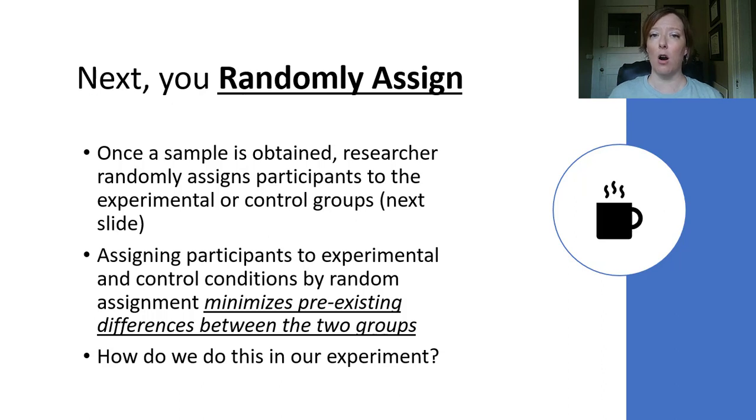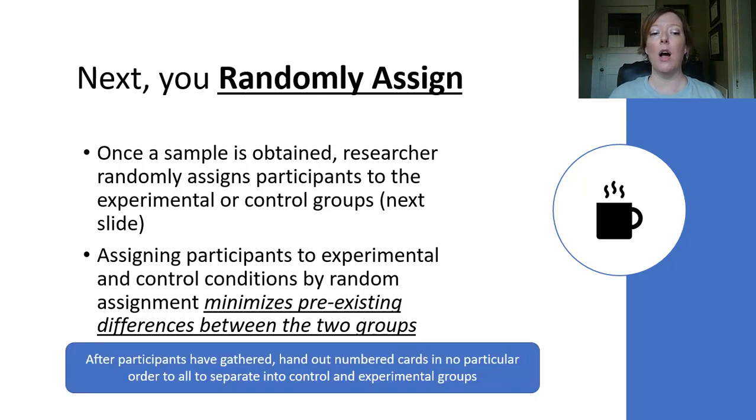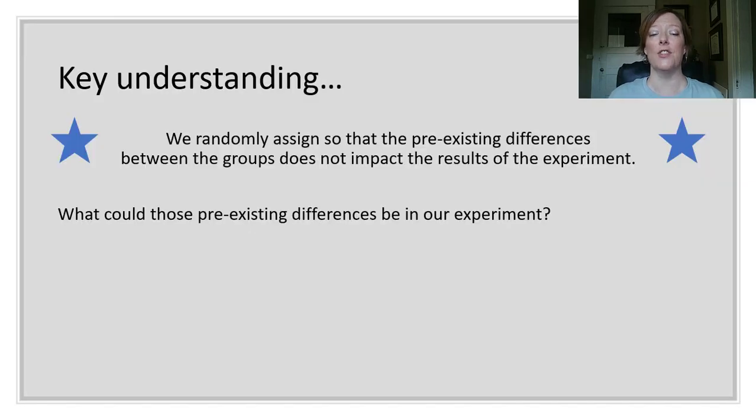How do we do this in our experiment? Well, after the participants have gathered, we could hand out numbered cards in no particular order to separate all into control and experimental groups. So our key understanding here is that we randomly assign in an experiment so that any pre-existing differences between groups do not impact the results of the experiment. It should kind of wash out, so to speak. It should kind of even out.